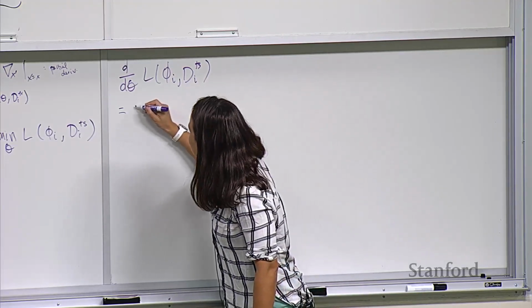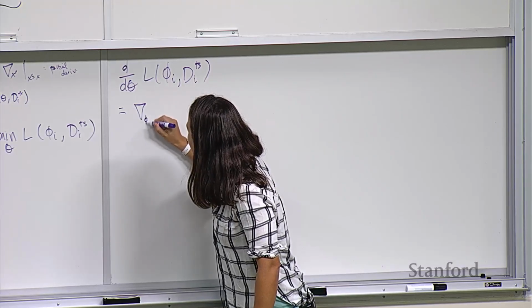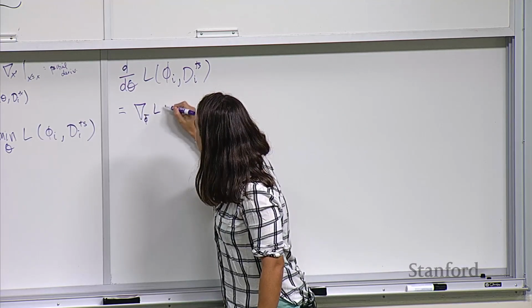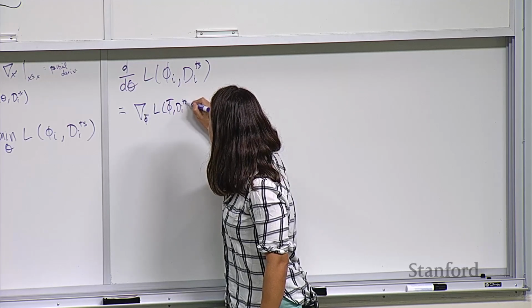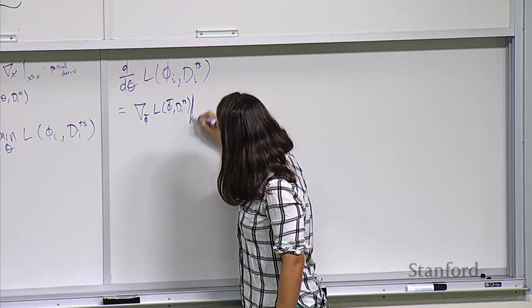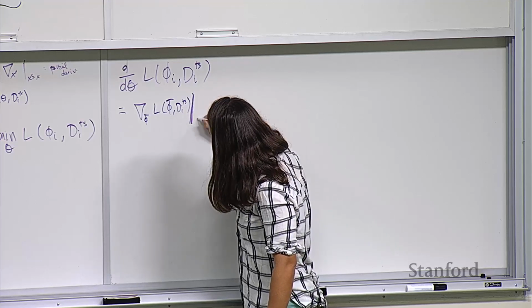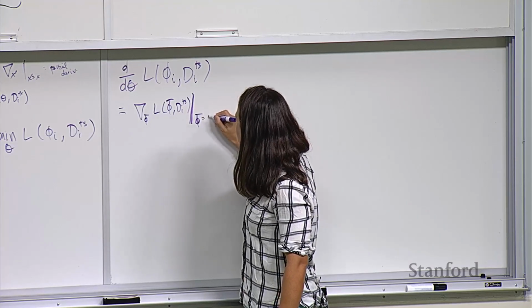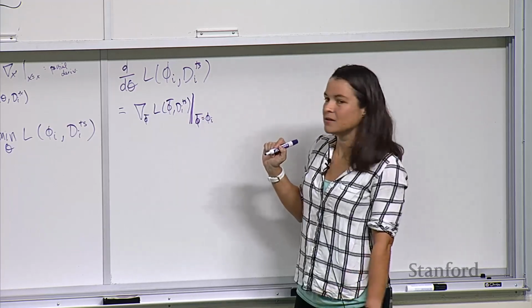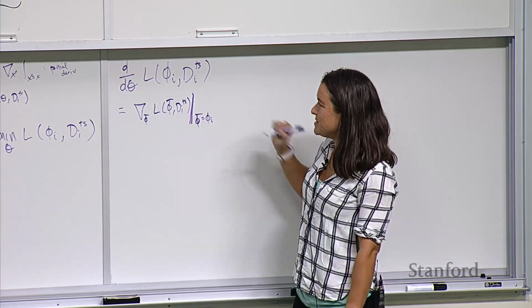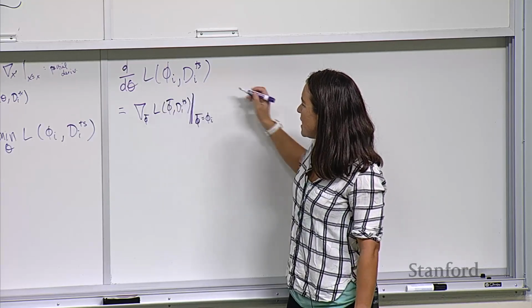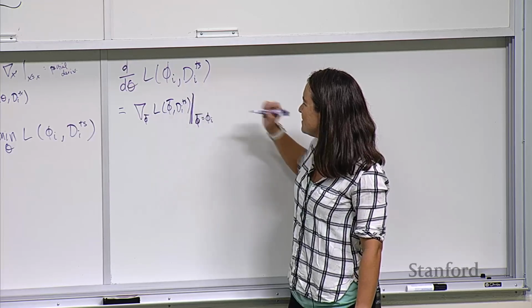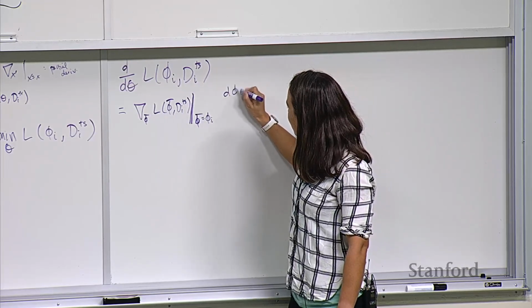So we get the gradient of, I'm going to use phi bar here, L phi bar of D i test, evaluated at phi bar equals phi i. And then once we do the chain rule on the inner loop, we just get d phi i d theta, because this isn't a function of theta right here.